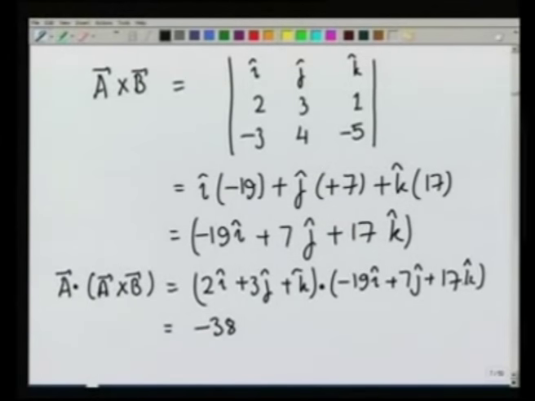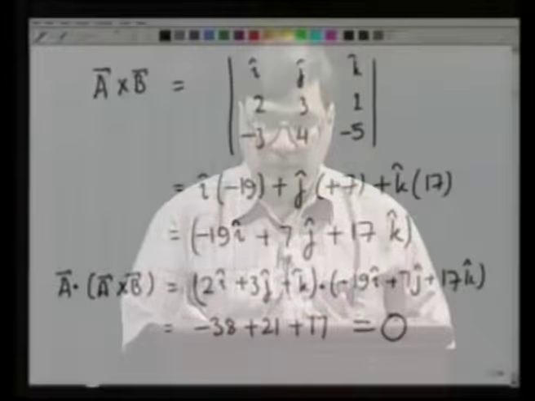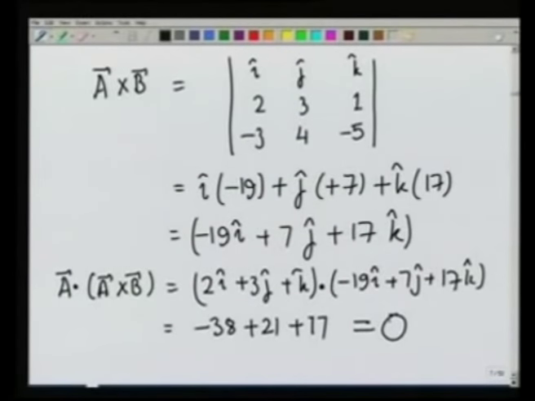So, no contribution from here, plus 3 would multiply only the j component, plus 21, and k would be plus 17, which is equal to 0. Since A and A cross B both have non-zero magnitudes, this can only happen if the angle between A and A cross B is 90 degrees. I leave it for you to show that B dot A cross B is also 0. Thus, we see that A cross B is perpendicular to vectors A and B both.